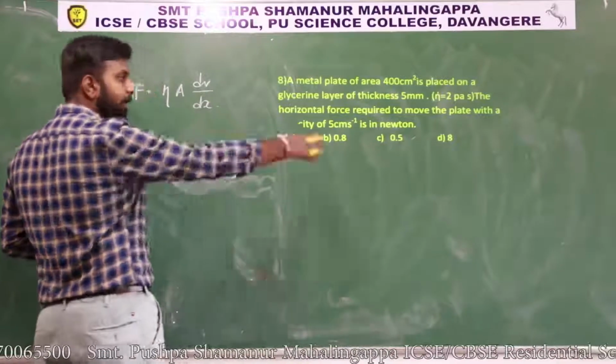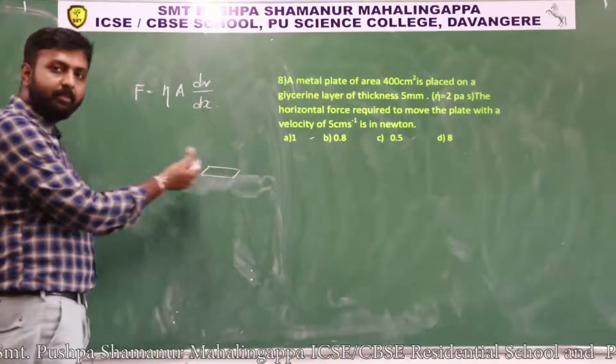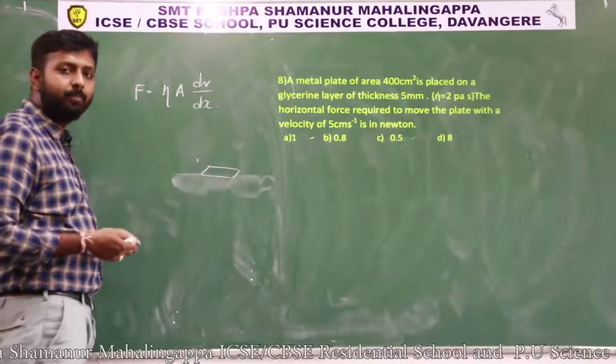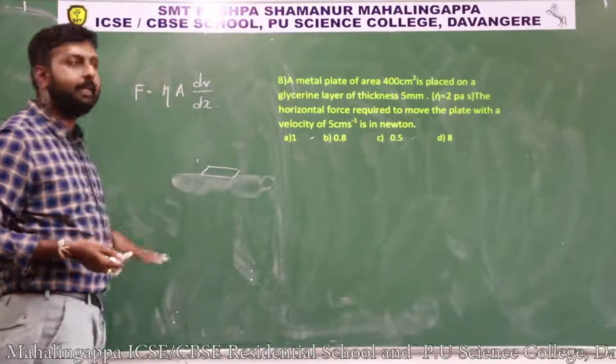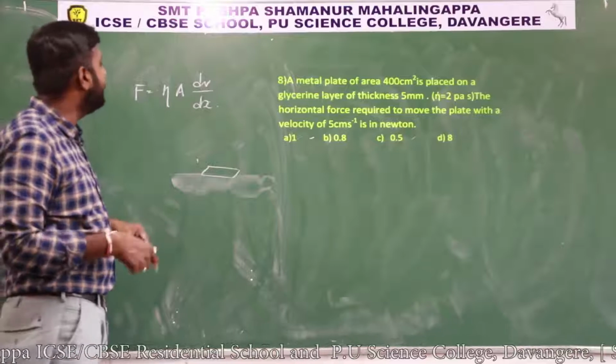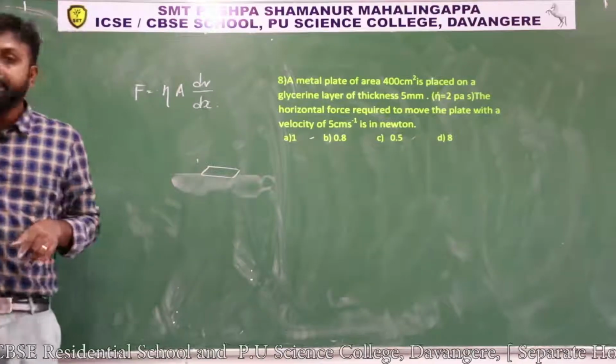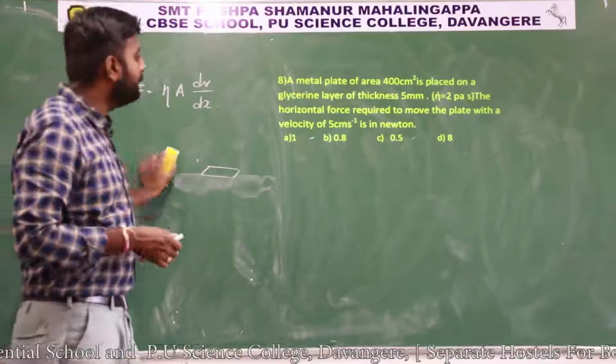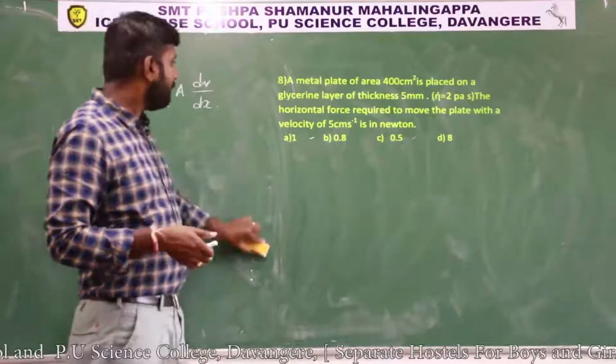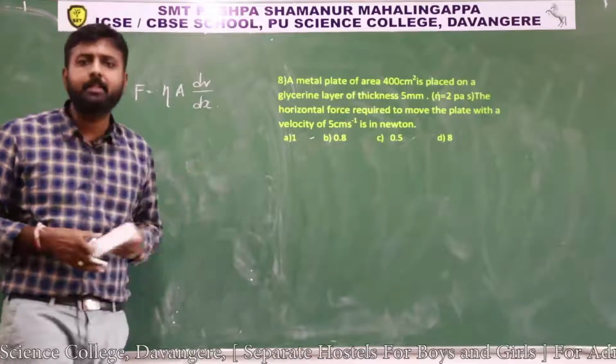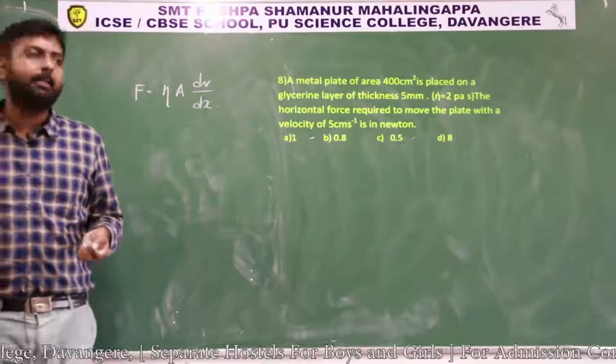To move this metal plate, you know that the drag force is acting in the opposite direction, so this much force is needed, that is F equals eta A dV by dx, where dV by dx is called the velocity gradient. So substituting the values, we will find how much force is needed.